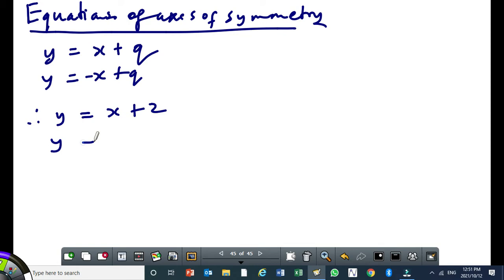The second one will be minus x plus 2. Are you following there? Are you following? Yeah, so I'm going to sketch those lines of symmetry as well. Right? So let me move on to a page where I will sketch.